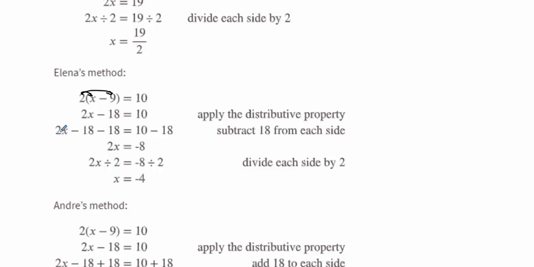Then she did 2x minus 18 minus another 18. But she only got 2x. If you have 2x minus 18, then you subtract another 18, that should be negative 36.